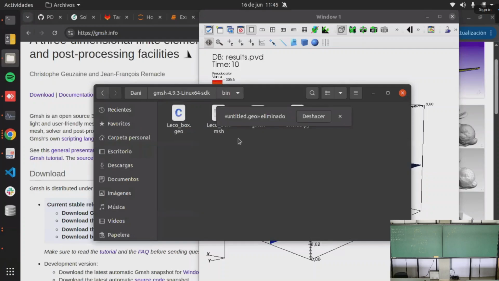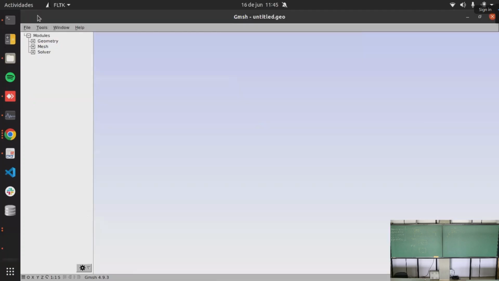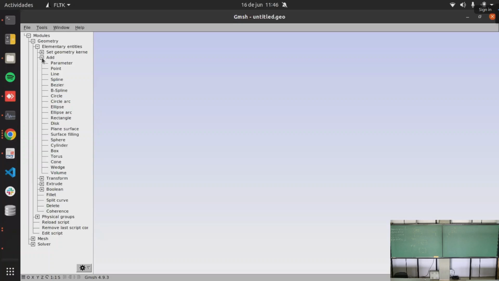I will delete this and start again. I would like to generate a mesh that is a square with a square inside that will be extracted, and we will do it by hand to explore all the things.